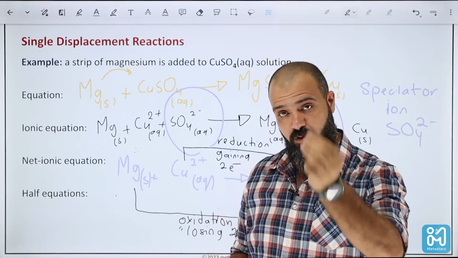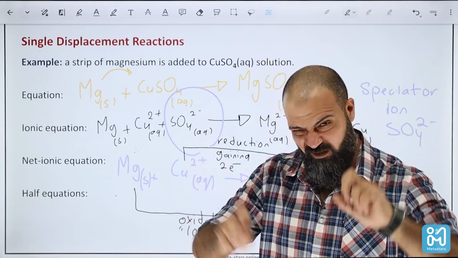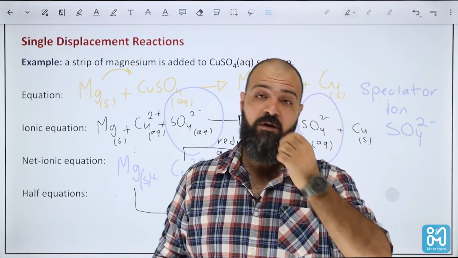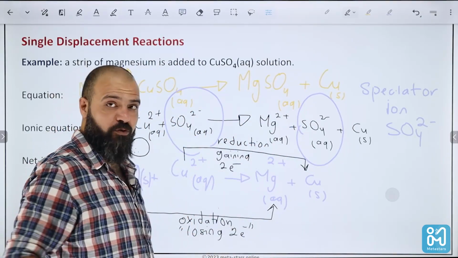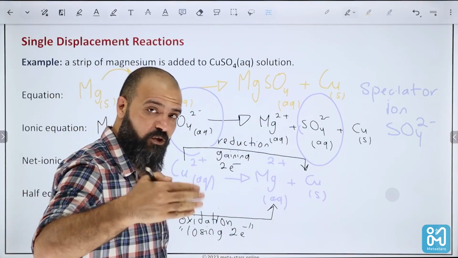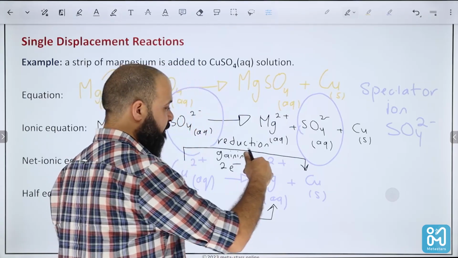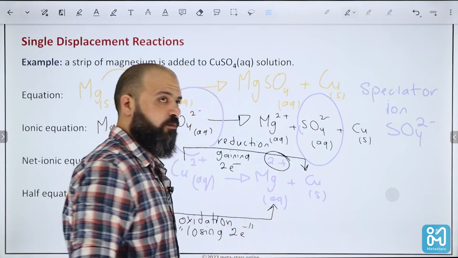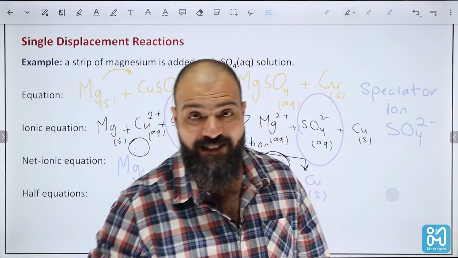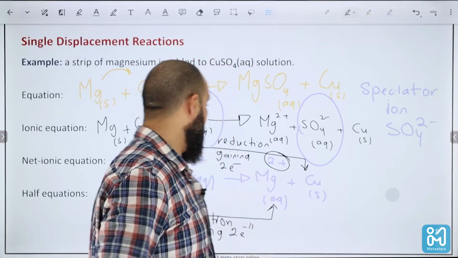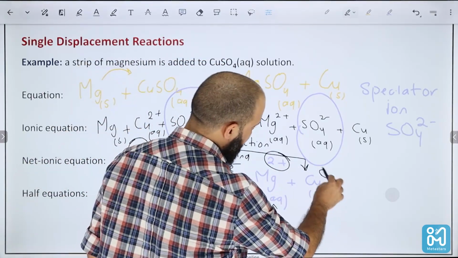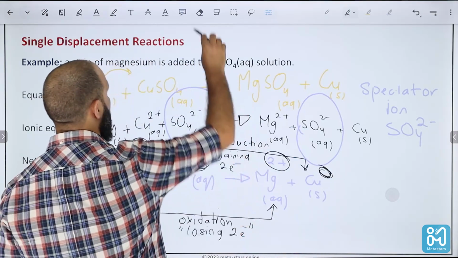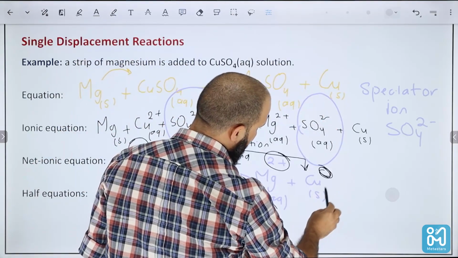If the oxidation number, charge between brackets, decreases, this is reduction. The oxidation number of magnesium was 0, and now it is positive 2. The oxidation number increases, this is oxidation. The oxidation number was 2 positive on copper, it becomes 0, so this is reduction.